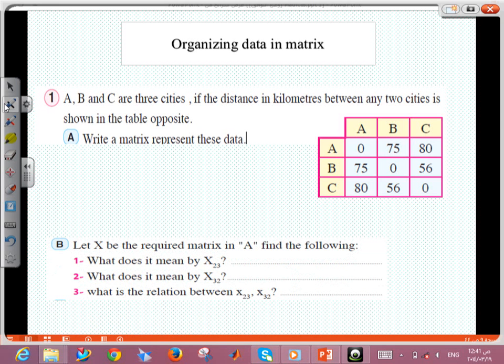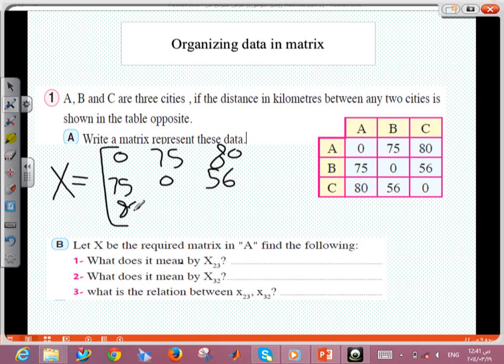Let X be the required matrix A. Find the following. What does it mean by X23? In this matrix, called X: 0, 75, 80, 75, 0, 56, 80, 56, 0, of order 3. What does it mean by X23? Where is X23? Second row, third column. Second row and third column.